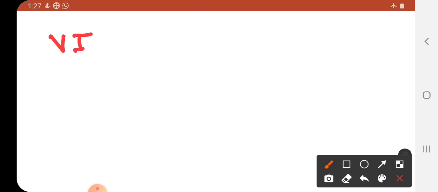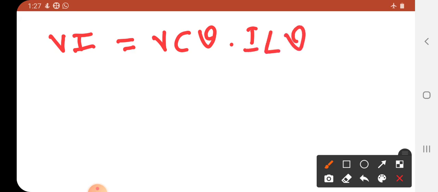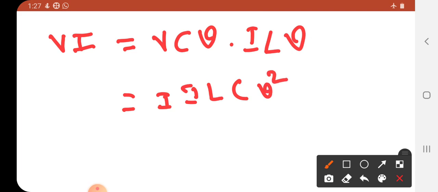V into I indicates V C V into I L V. Or you can also write this equation as V I L C V square.